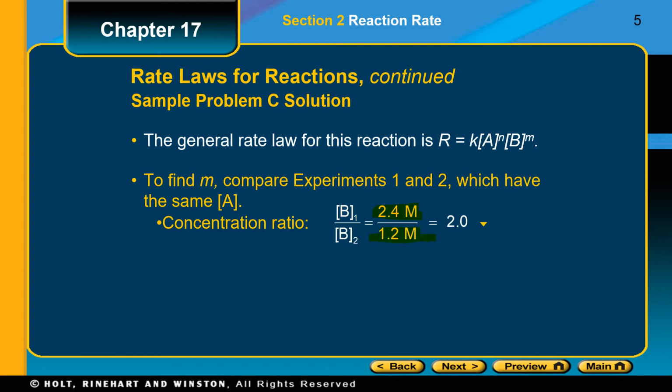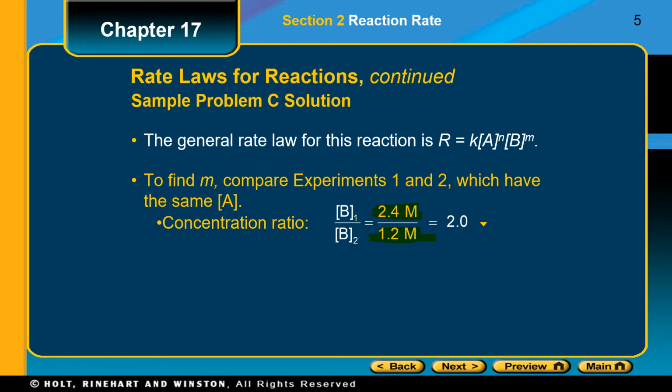Because most people don't like fractions. And this will give us a whole number, or at least a number greater than 1. So between trial 1 and trial 2, the trial 1 concentration is twice as much as the concentration in trial 2. So over here we have the concentration ratio of 2.